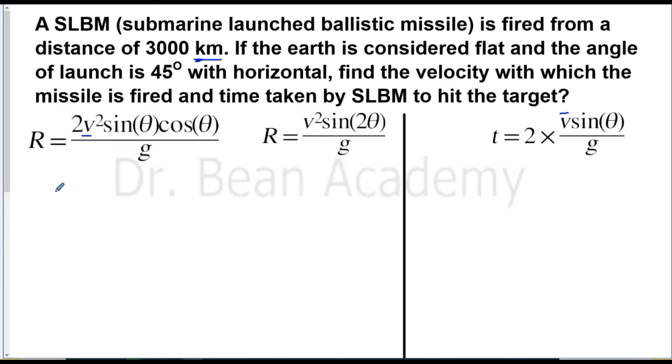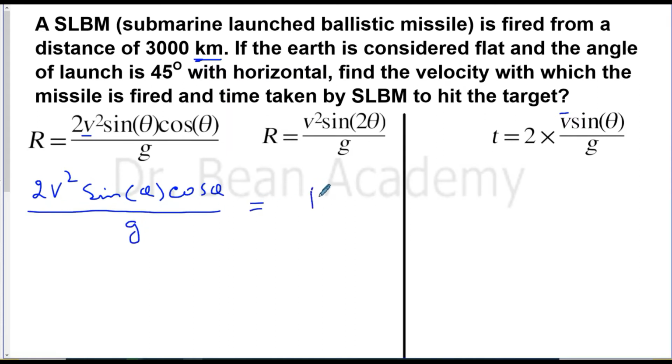And I will rewrite this formula. I will reverse the sides just for the convenience. 2v squared sine of theta cosine of theta over g equals R. R is the range or the horizontal displacement of the target from the launch pad.